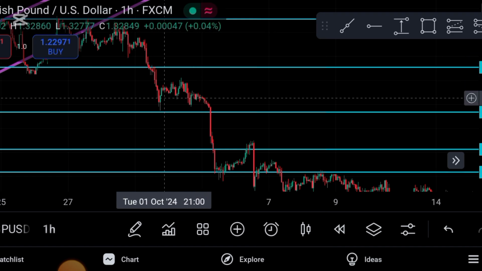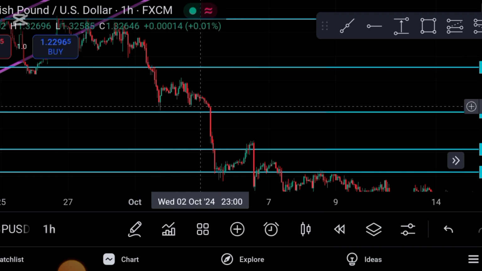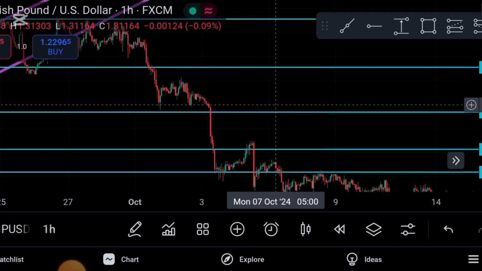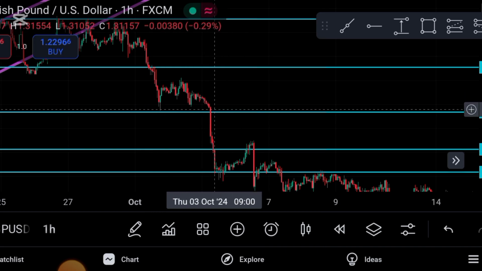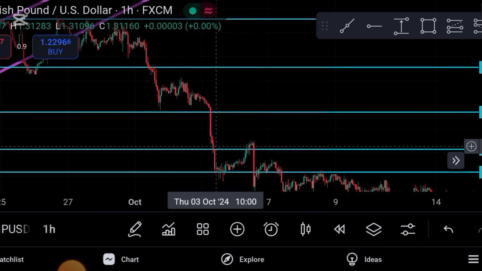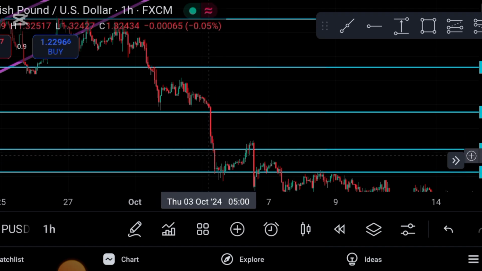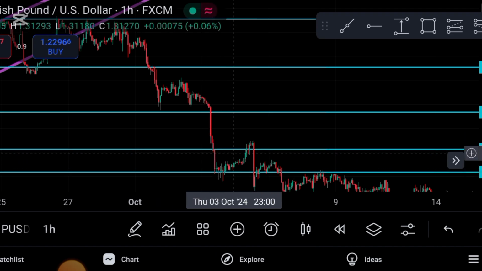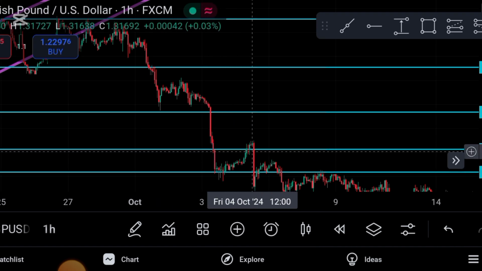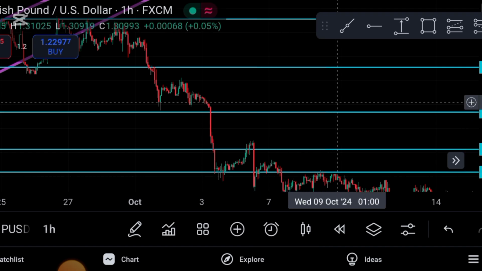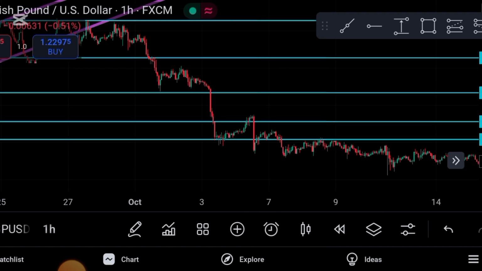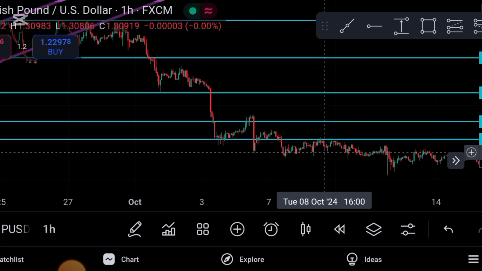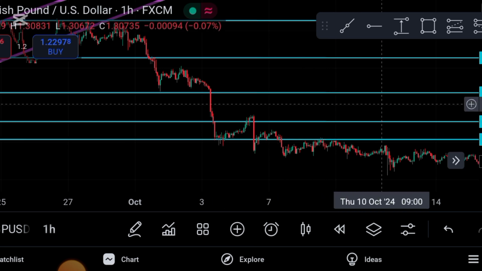Look at how beautiful it came and reacted on that mark, on this level here, and broke out with such force to go down, and broke out again with such force, came back here, resisted, went up, broke out with force again, resisted, went up, and now it even resisted to go even further than that line.